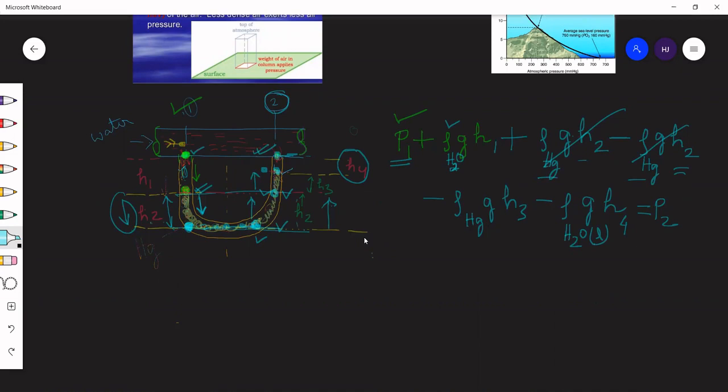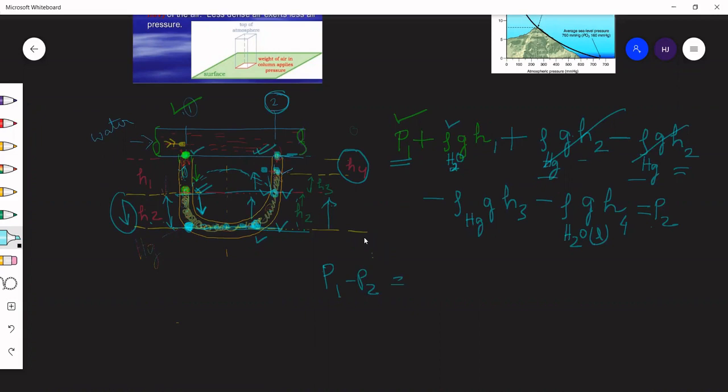That's why when we don't have time, we don't write like this. Simply what we do, you jump. When you are going the same distance downward and upward with the same fluid, no need to write the equation, simply jump. From here you start going up. So you save time. Now, I want to know what is the difference between P1 and P2.